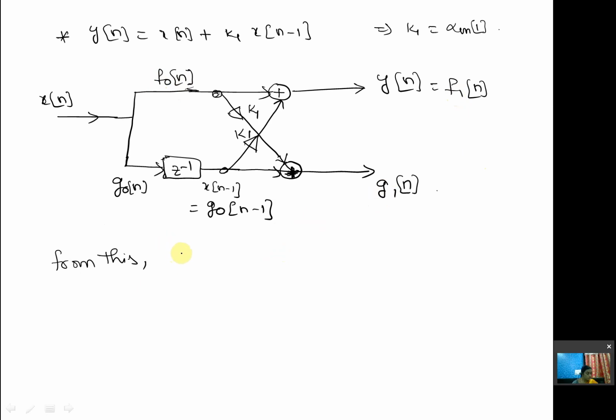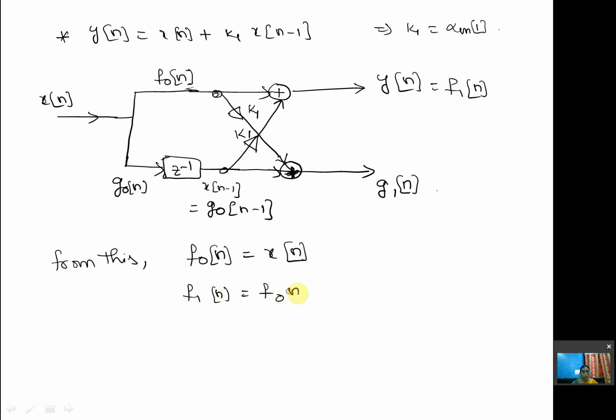So now see this here, what is the f naught of n? Simply x of n. What is the f1 of n? That is nothing but of course y of n, which gives x of n plus k1 x of n minus 1, of course. But in terms of f and g, what is that?